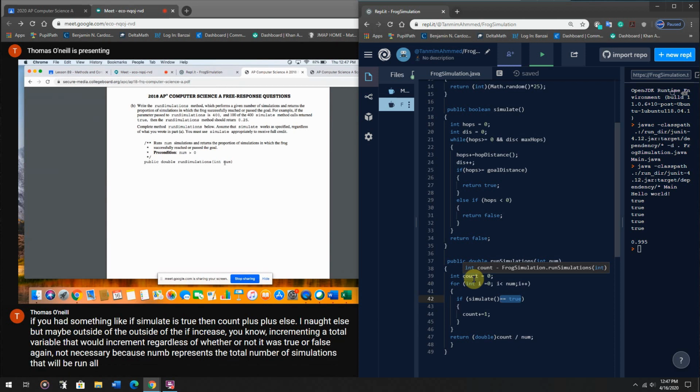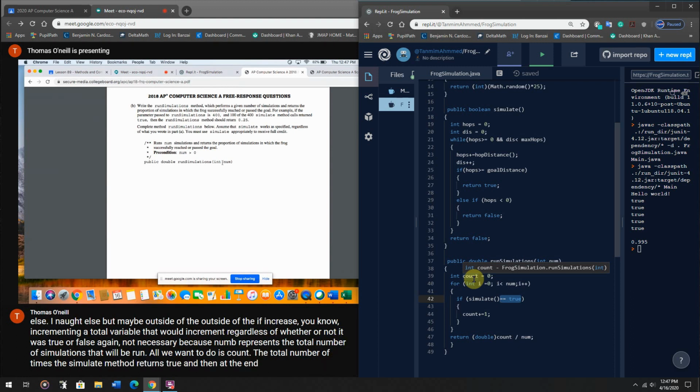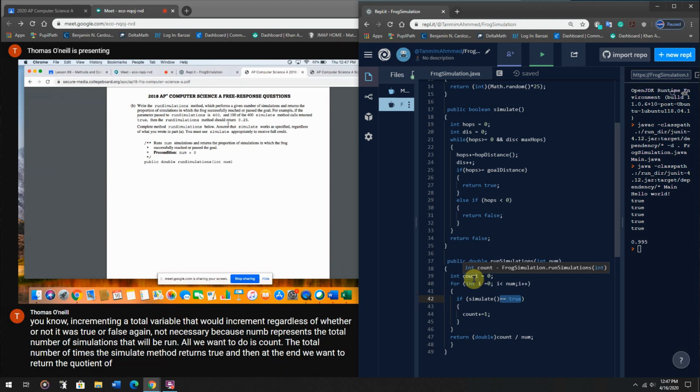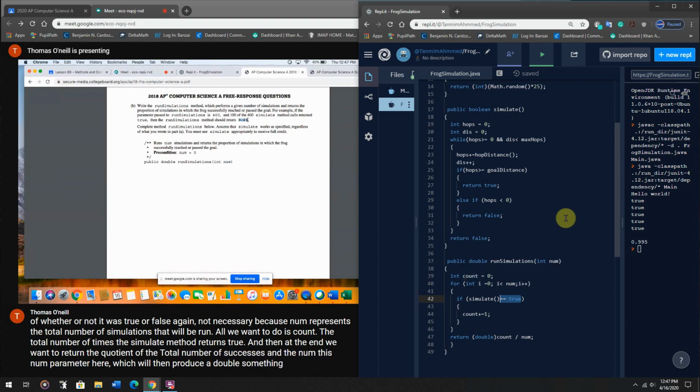All we want to do is count the total number of times the simulate method returns true. And then at the end, we want to return the quotient of the total number of successes and the num parameter here, which will then produce a double, something similar to what we see here.